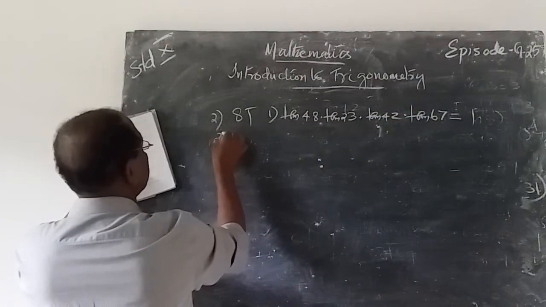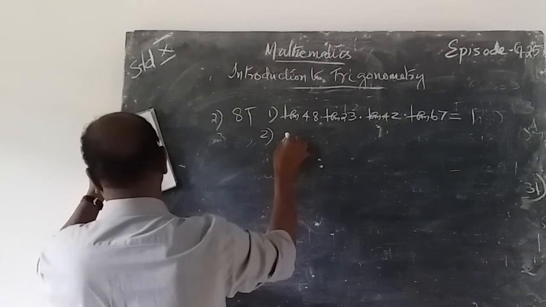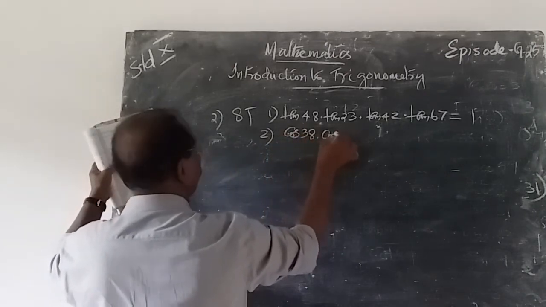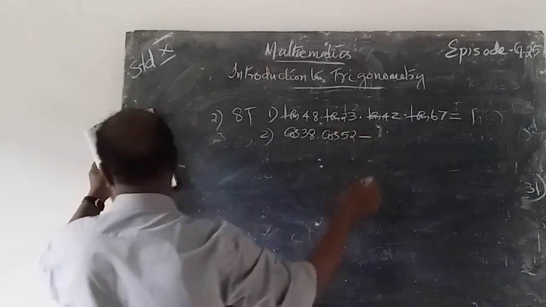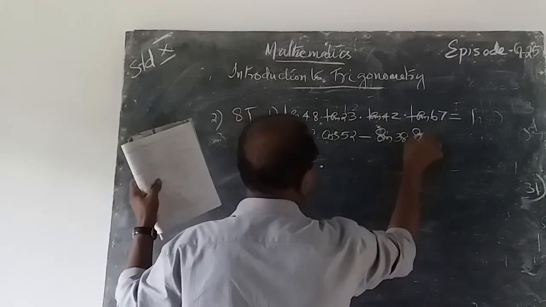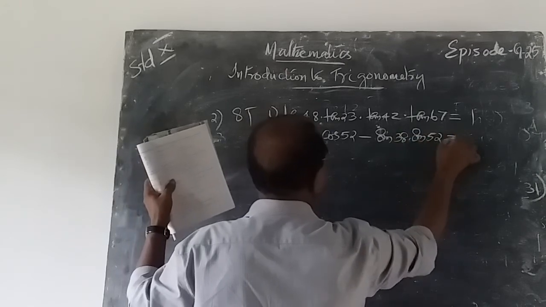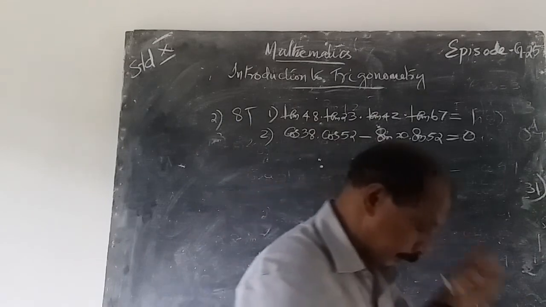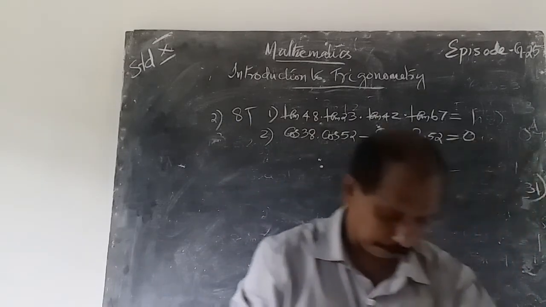Second question, cos 38 into cos 52 minus sin 38 into sin 52 is equal to 0. These are the two parts of main question number 2.